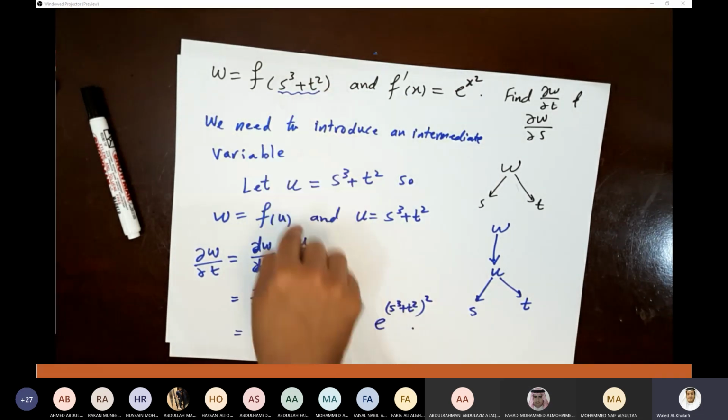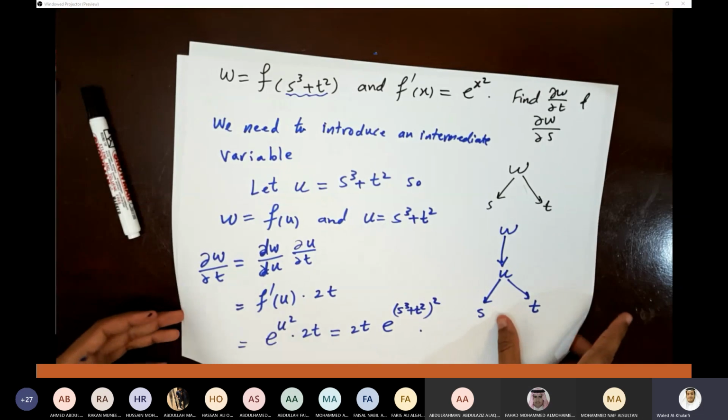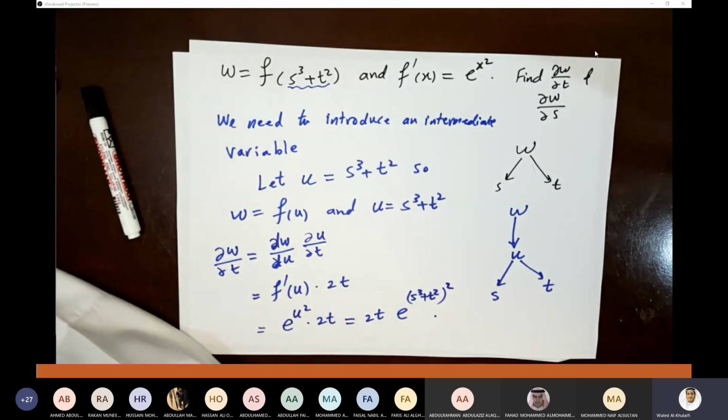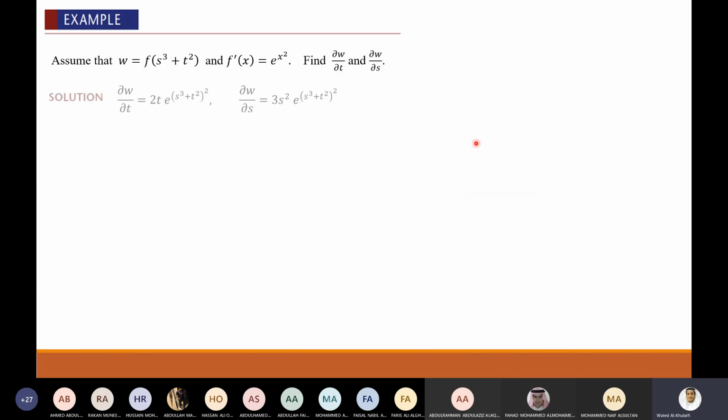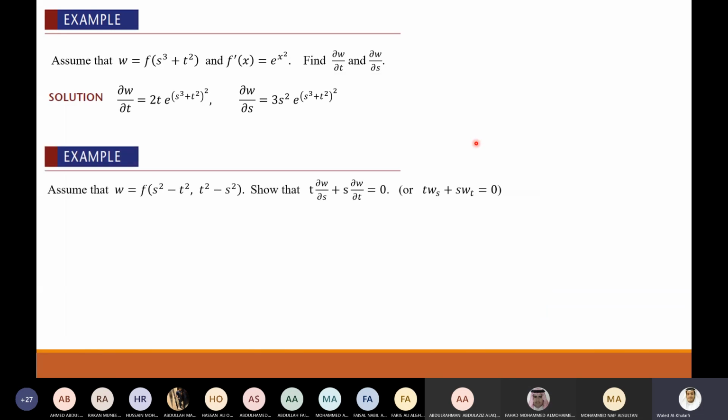But actually, it's nice to do it this way because in the future you may get confused. When I talk about the future, I'm not talking only about this course, guys. I'm talking about the future in your career because you're going to deal with a lot of variables. So sometimes it's nice if you introduce some intermediate variables.